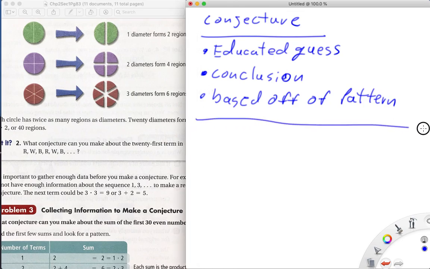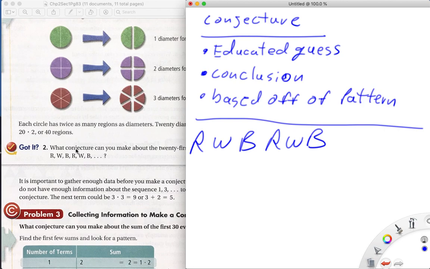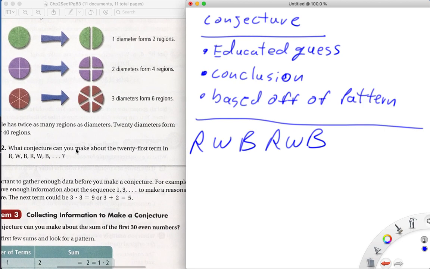Okay. So they give us another pattern, R, W, B, R, W, B. And they want to know what you can make in terms of the 21st term.